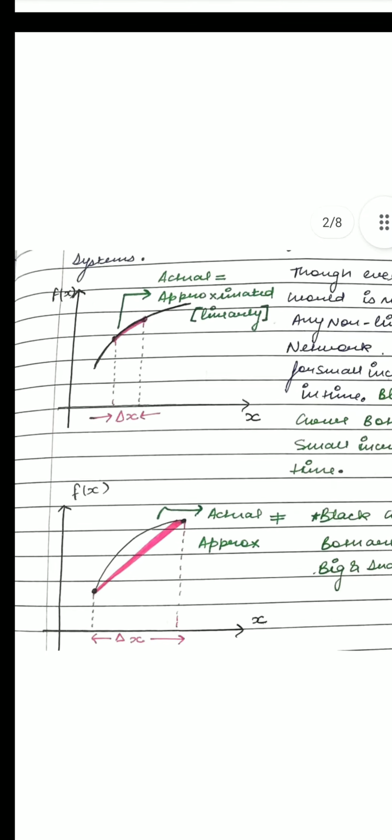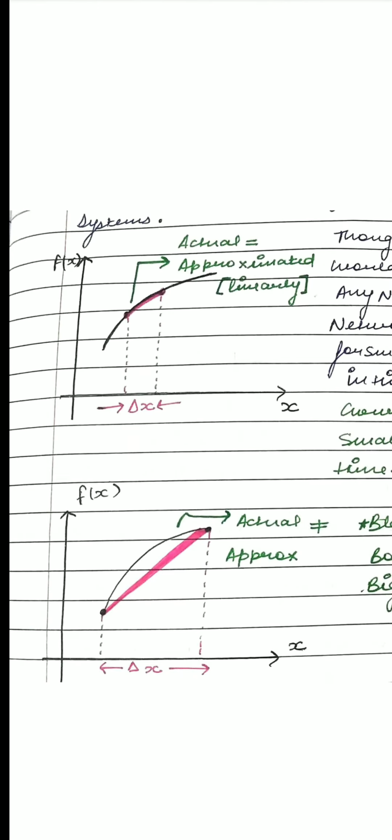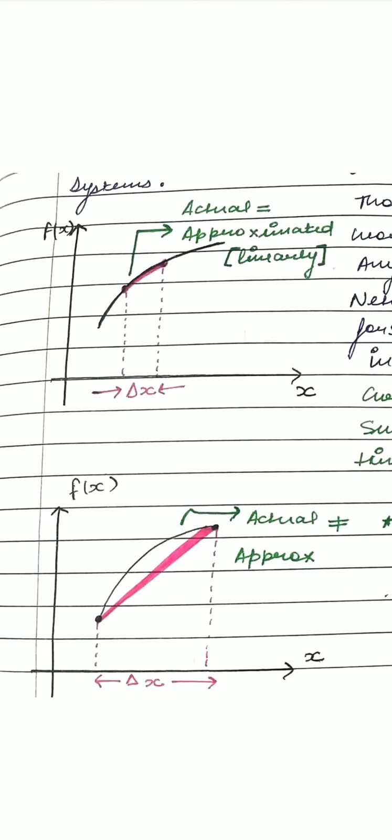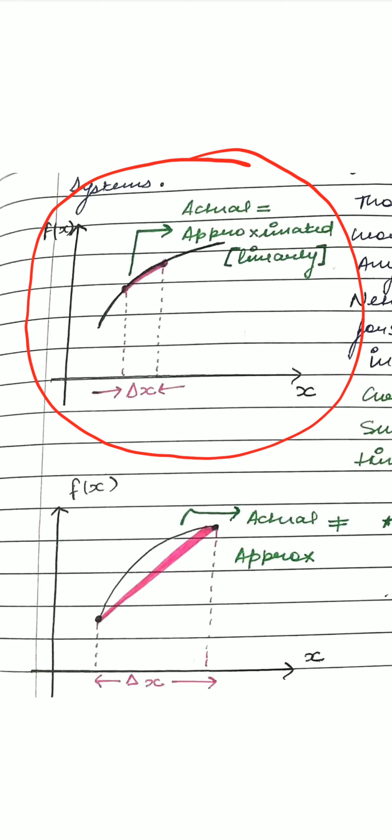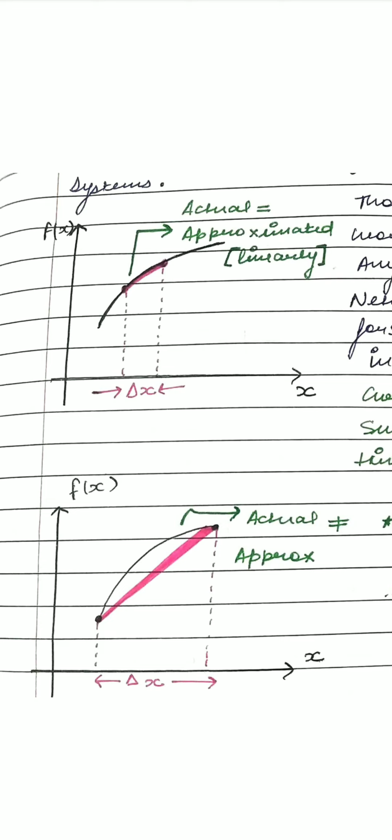Let's take an example. Let's say there are two graphs. As you can see, for large incremental changes in time, these two graphs are non-linear in nature. But if we take in the first graph a small incremental change, a small incremental length dx, then this small incremental length, the pink line or pink curve, is the same as the black curve also.